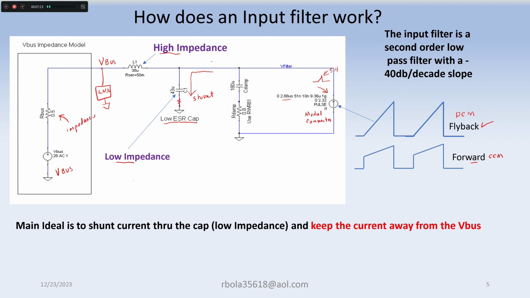That way, when the current is coming this way, it looks at this path, and the current will choose the lower path, which hopefully will be through the capacitor, while the inductor shows a high impedance path. Now the main idea is you want to keep the current in the V bus, you want to minimize it.